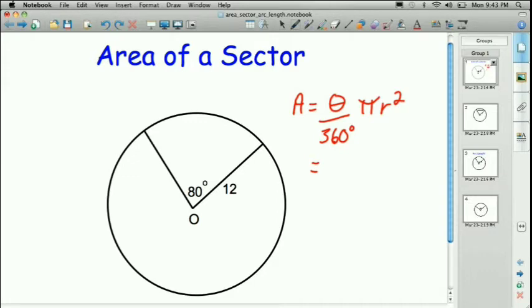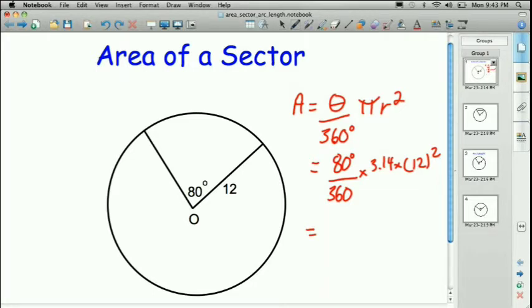Theta is here 80 degree upon 360 into pi, value of pi is 3.14, and radius is 12. Now we have put all the values. Now we will solve these values.